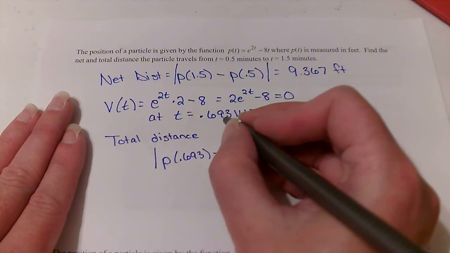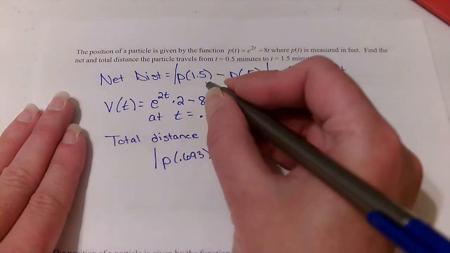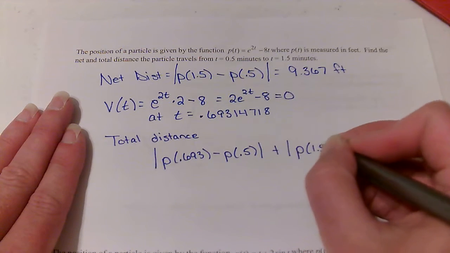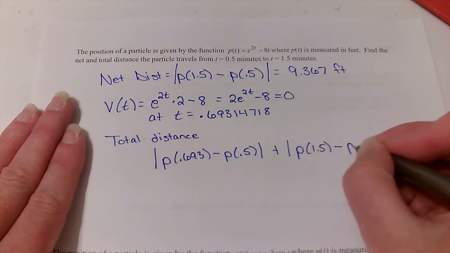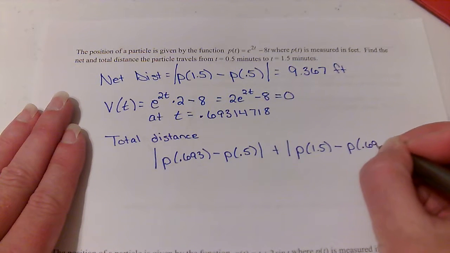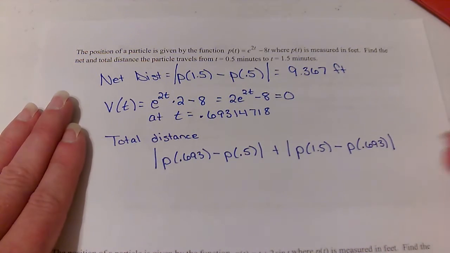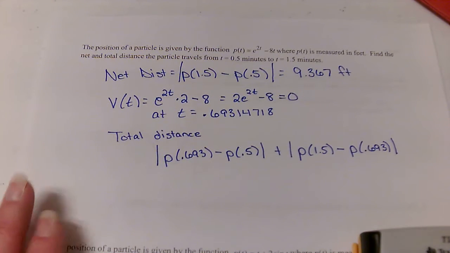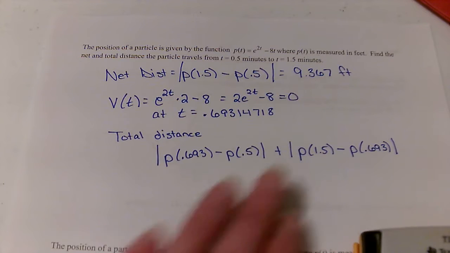And then I'm going to need to figure out how far I went from 0.693 to 1.5. And notice that we're putting those absolute value bars there.